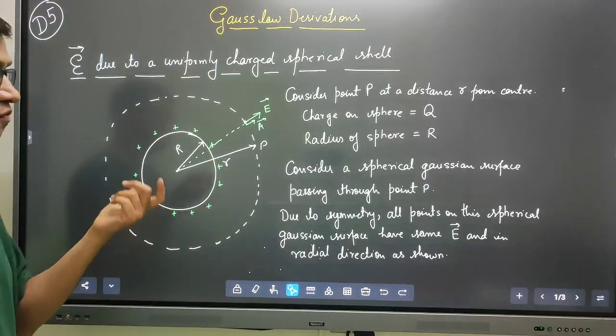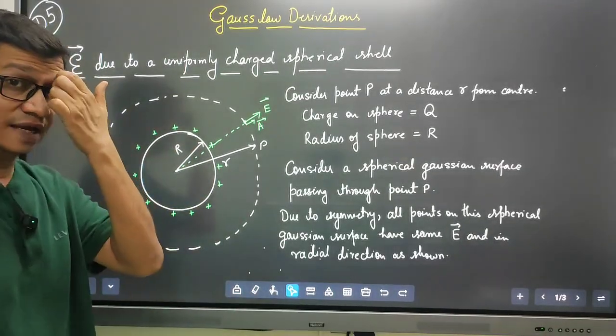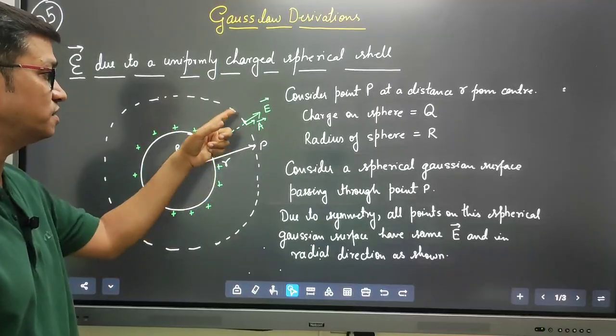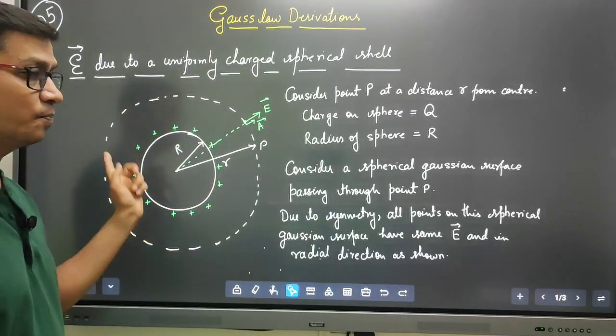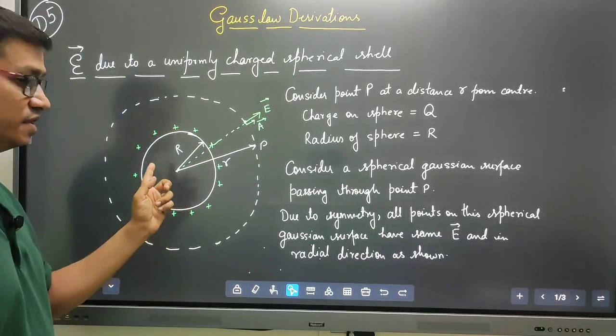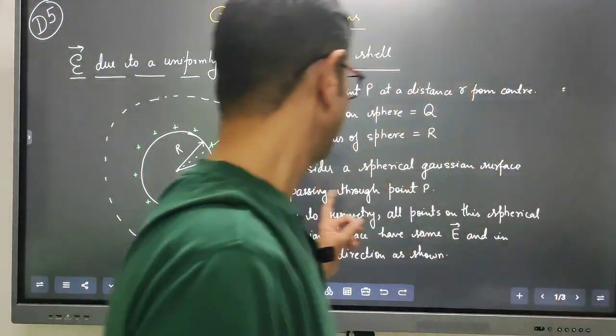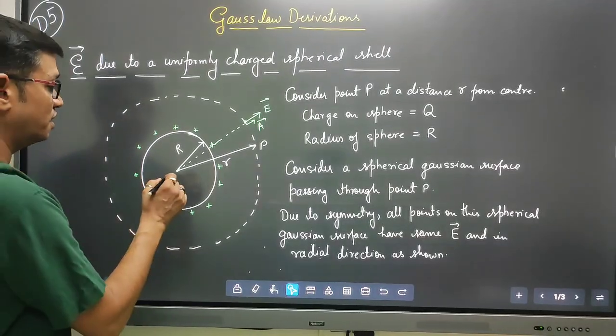So for Gauss law we have to first define a Gaussian surface. So in this case the natural choice would be to take a Gaussian surface which is spherical and centered at O, which is the center of the spherical shell as well.